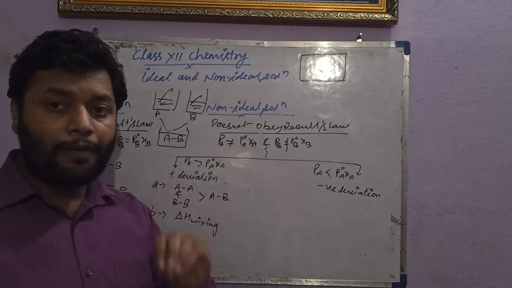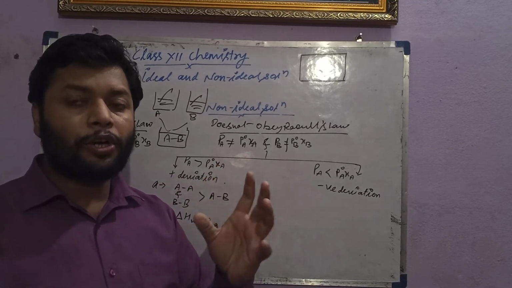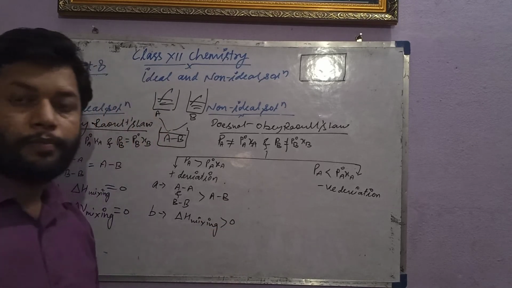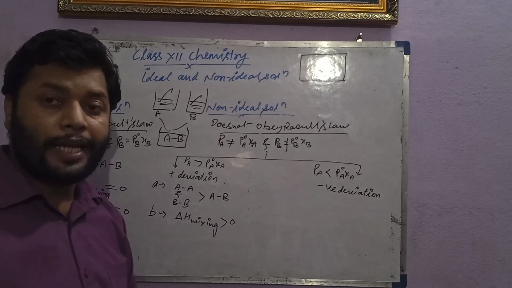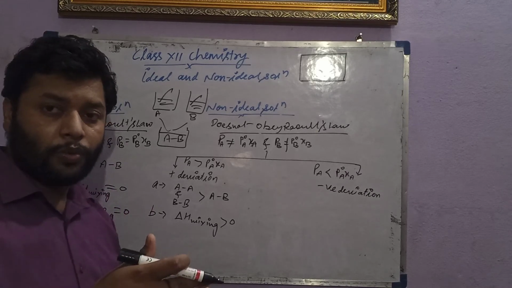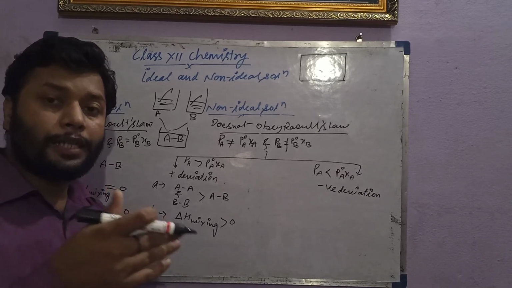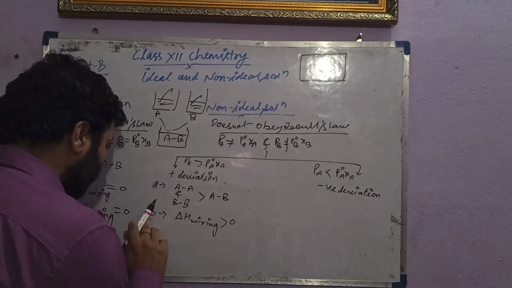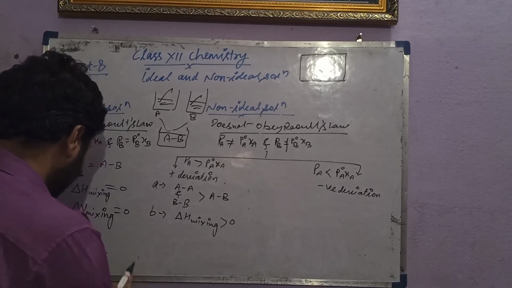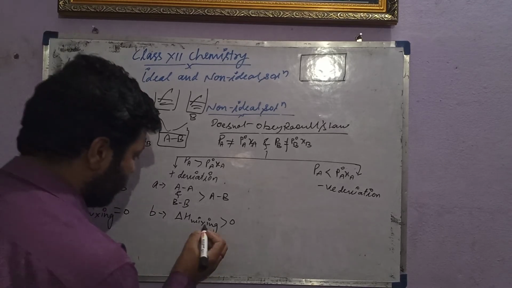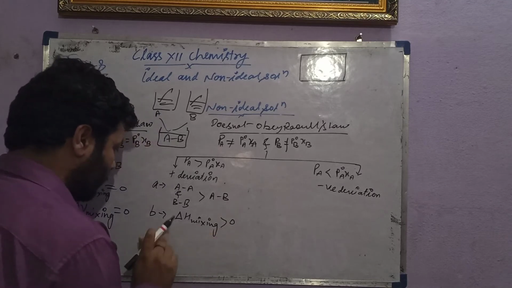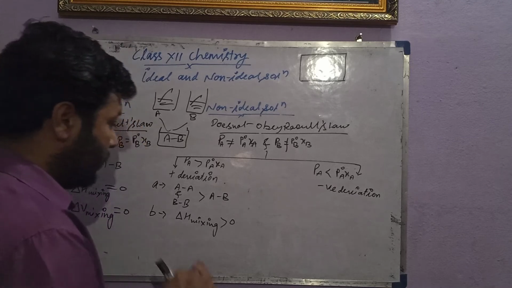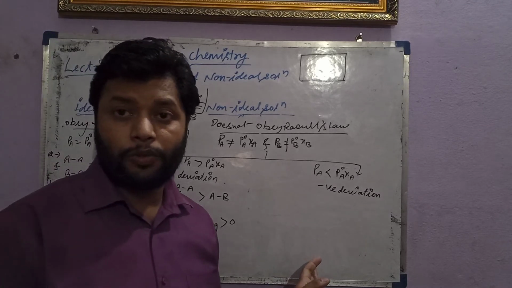So the energy will be released, called exothermic process. So delta H mixing will be greater than 0.